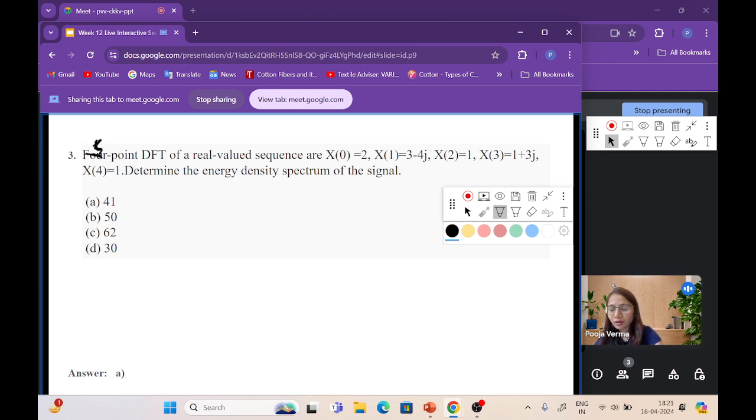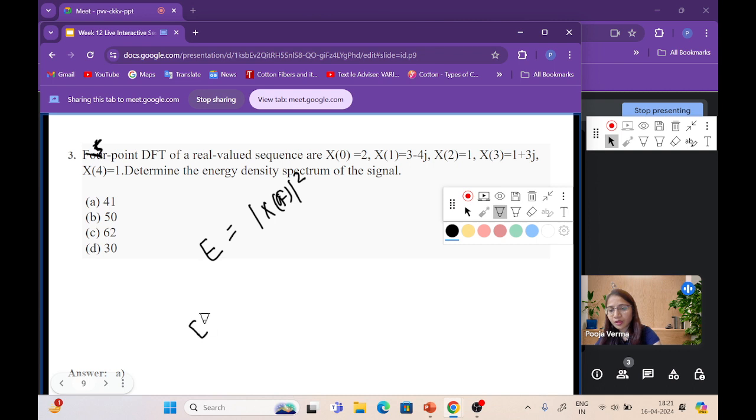So as already told you, the energy spectrum is defined by mod of x of f whole square. Energy spectral density, represented by S_x of f, or simply E, must be equal to mod of S_x of f square.